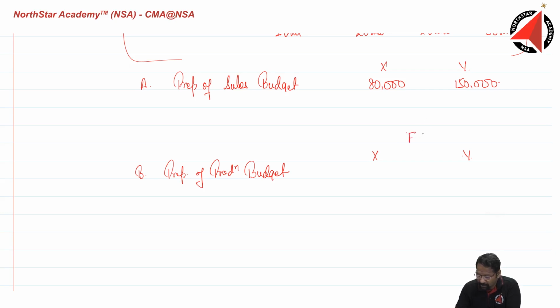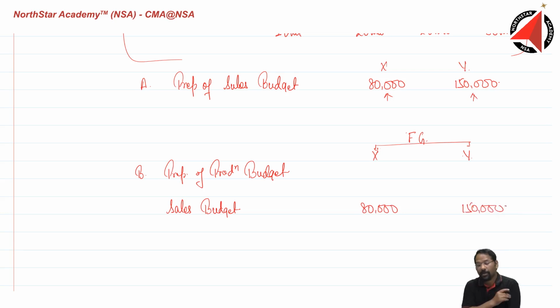Awesome. Very good. So to prepare the production budget, what is the first thing that I need? I need the sales budget. I have already got the sales budget, 80,000 and 150,000.